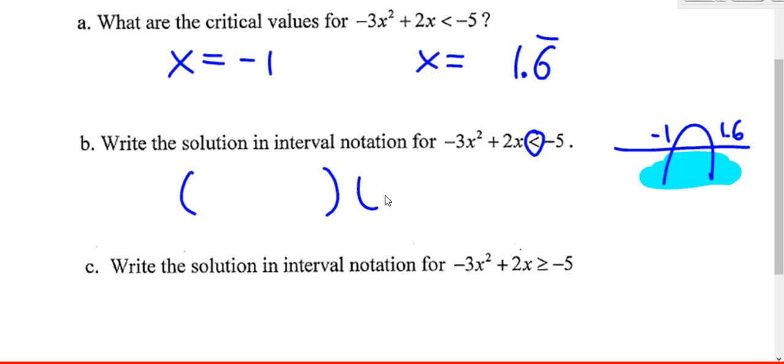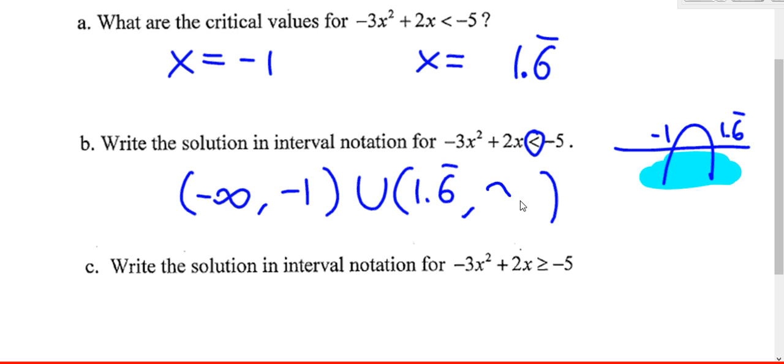And I know to put parentheses because it does not have the equals. So that's negative infinity to the first number, and then the 1.6 repeating to positive infinity, because it had the two parts with the arrows.